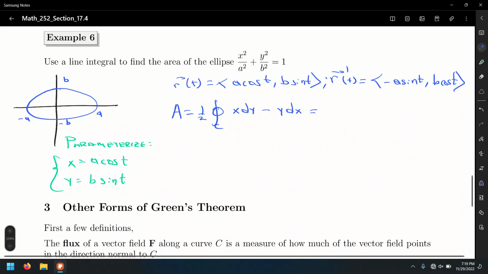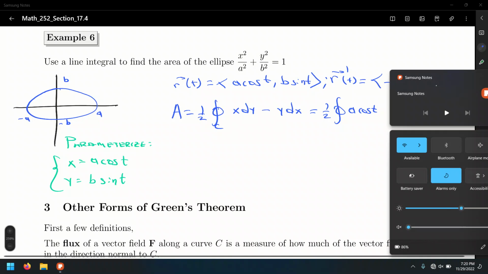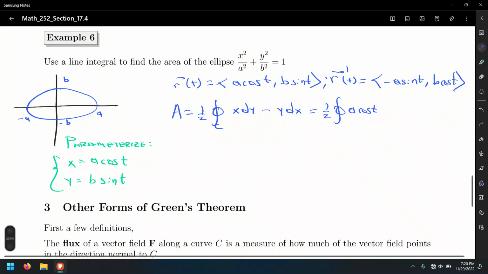What's our x in this case? Our x is a cosine t. And dy in this case is b cosine t.